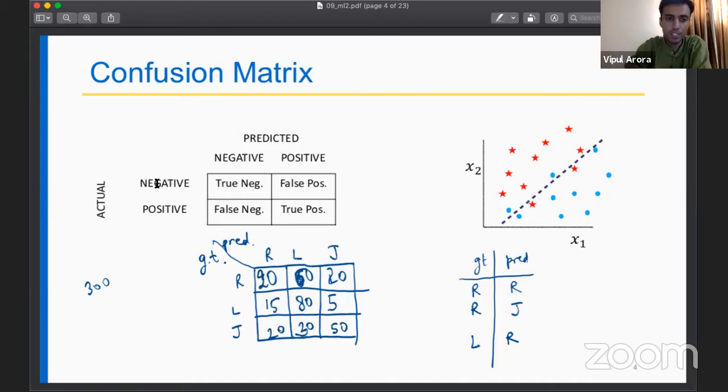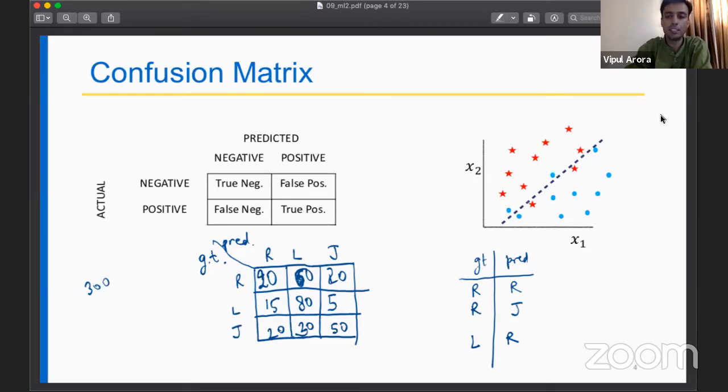To evaluate, I can say actually it was not a rose, and your algorithm also predicted it is not a rose, right? Then you can add things up here. Or it could be that actually it was a rose and your model also predicted it was a rose. So you can add things here, right?